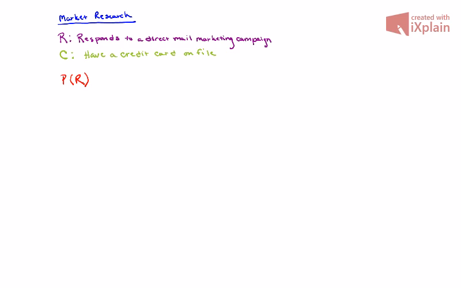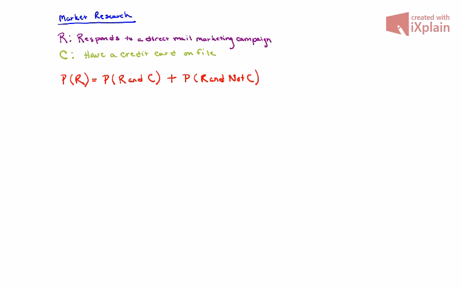So in order to determine the probability that anyone is going to respond, I need to look at the probability that someone is going to respond and they have a credit card with us, or the probability that someone is going to respond and not have a credit card with us.